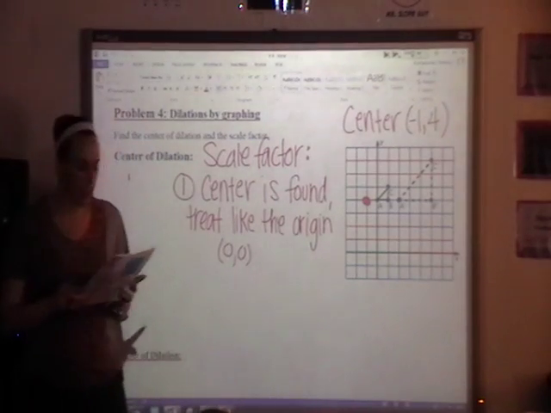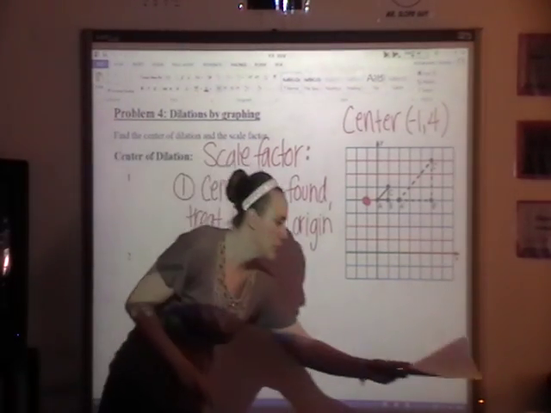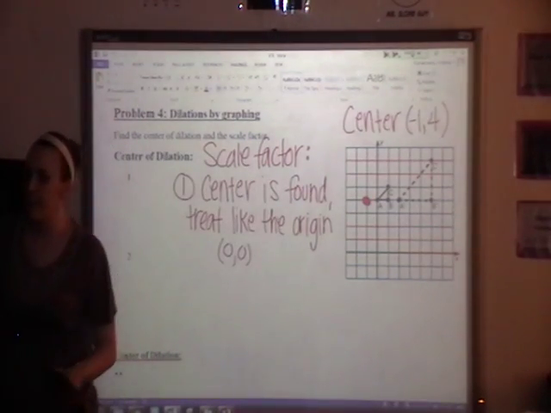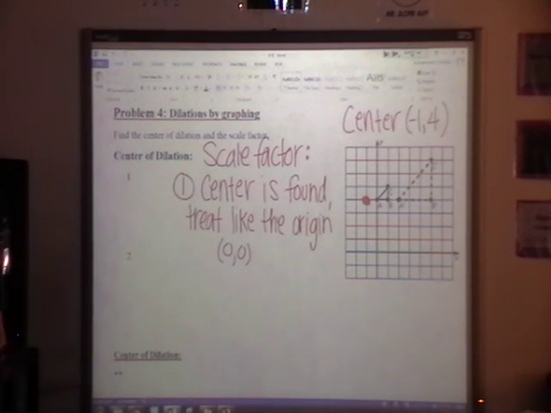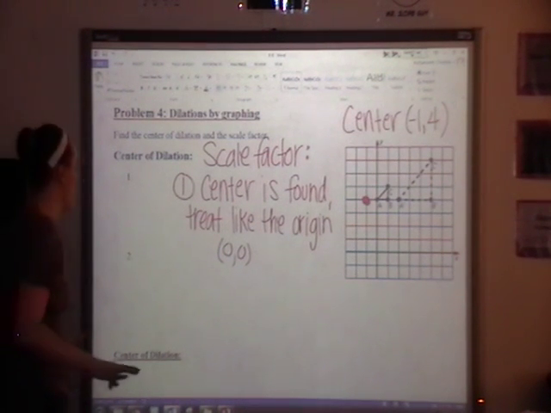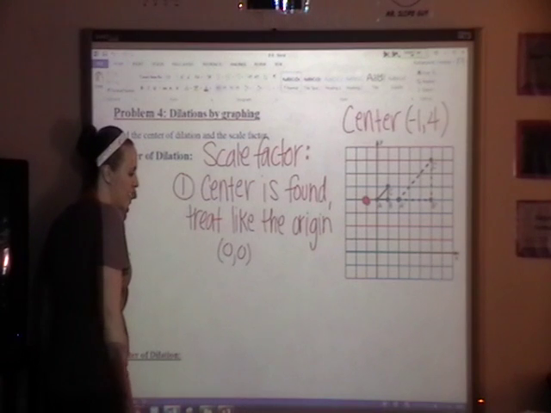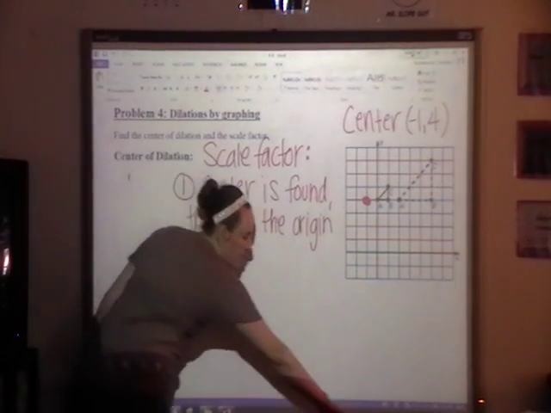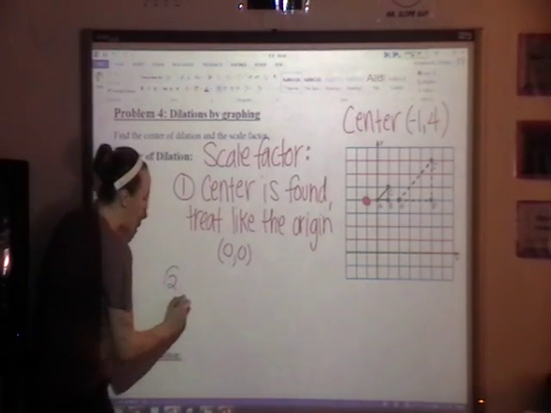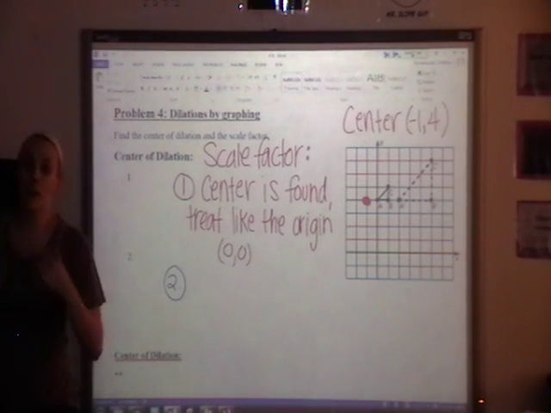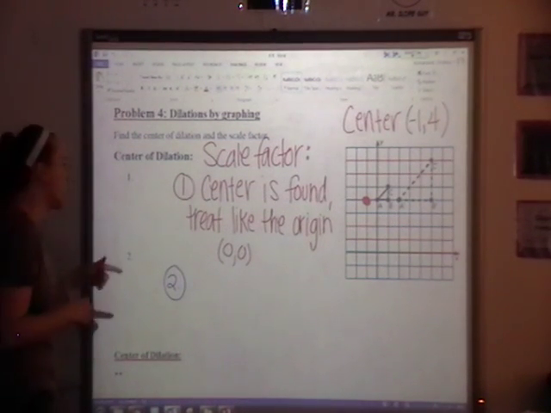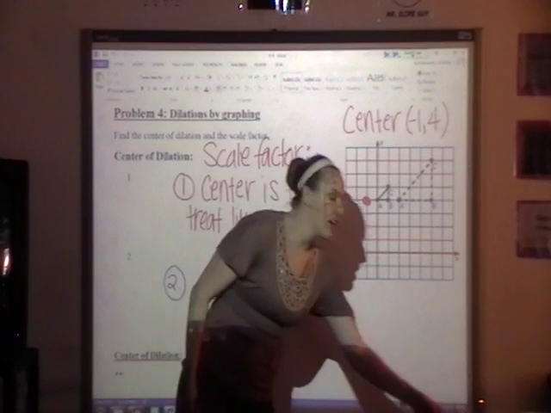So we know that center is -1, 4, but we're going to treat it like 0, 0. That's how scale factor works. It's really weird. The 0, 0 always. Now, in order to actually find scale factor, we're going to treat center like 0, 0. Then we're going to find the points.